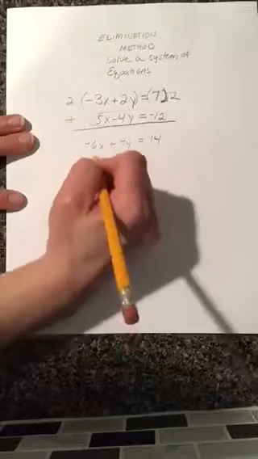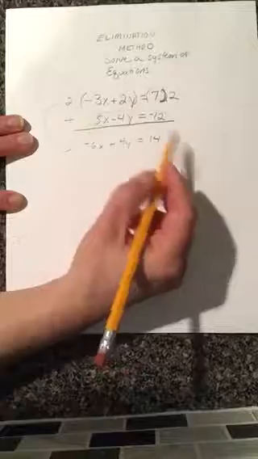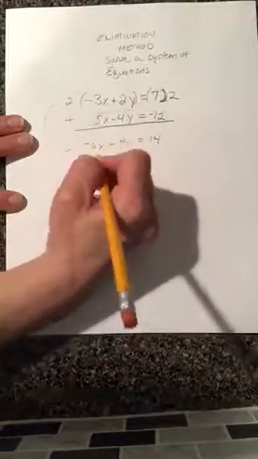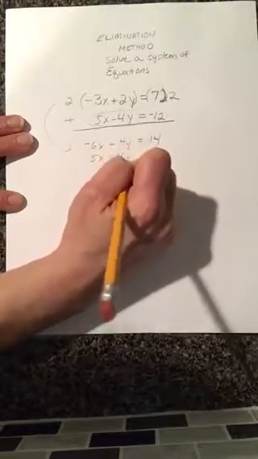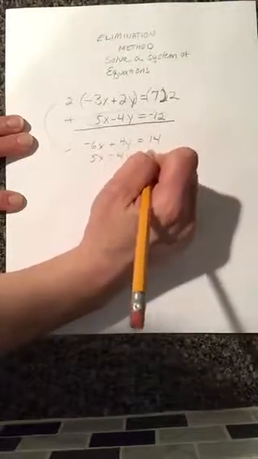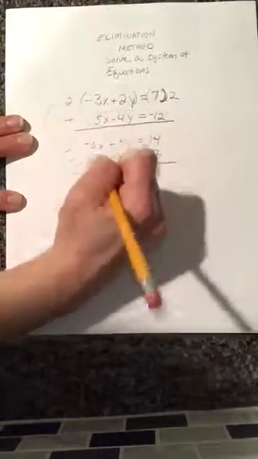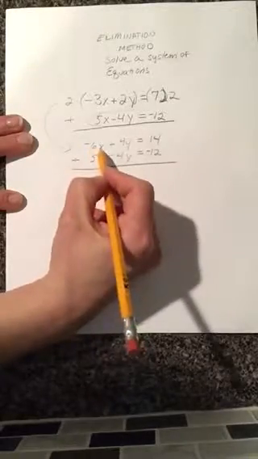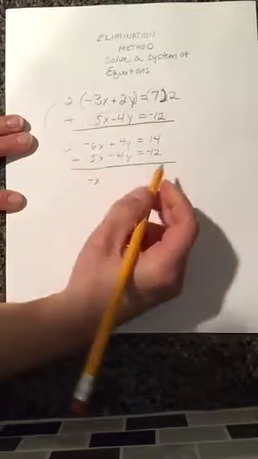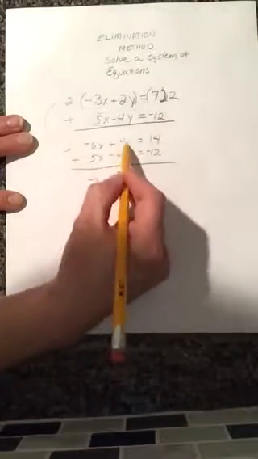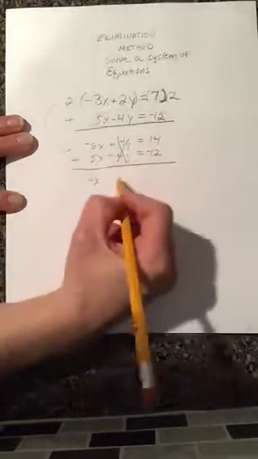So let me show you what I mean. This is now my new equation, now that I multiplied both sides by 2, and I'm going to add 5x minus 4y equals negative 12. I'm going to add these two equations up and down, so negative 6x plus 5x is negative x, and negative 4y plus 4y cancels out, so that equals 0.